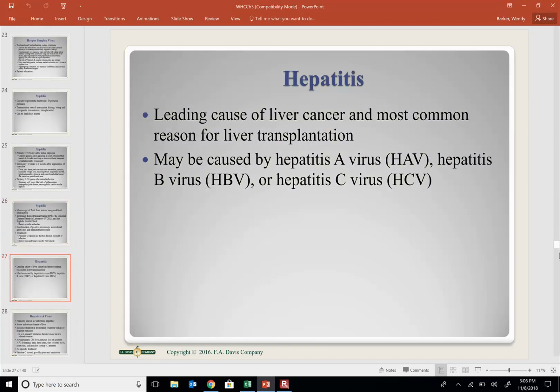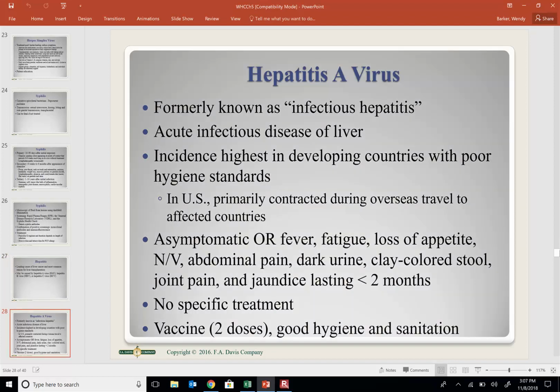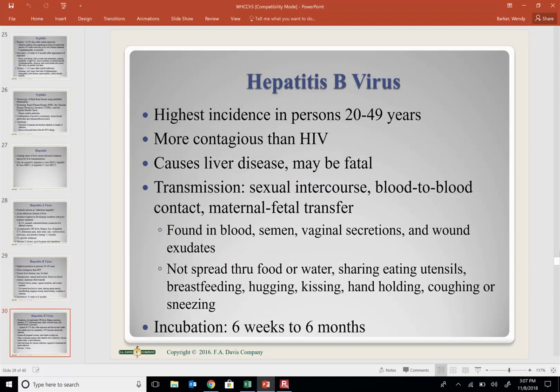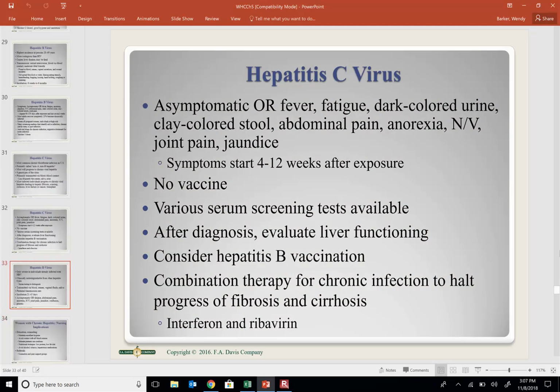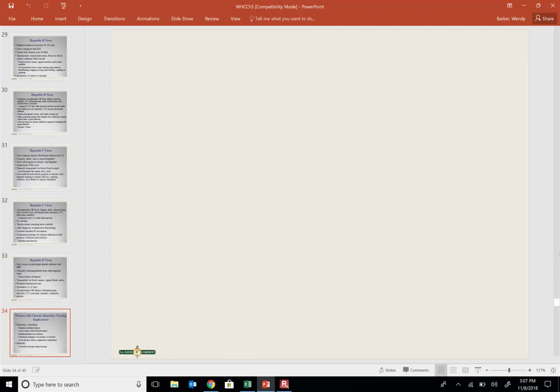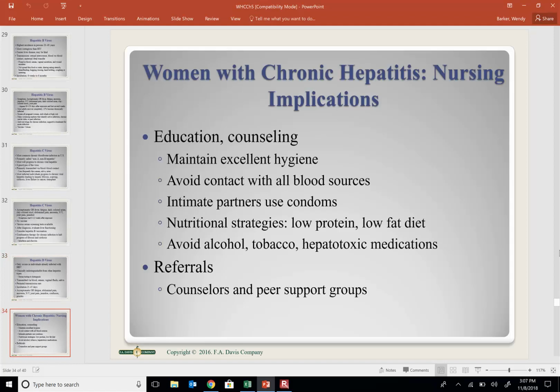Hepatitis B, I think it would be good for you to know about the different types of hepatitis, especially for future adult nursing courses. Okay, so there's Hep A, just know about Hep A, know about Hep B, know about Hep C, know about hepatitis D. Okay.